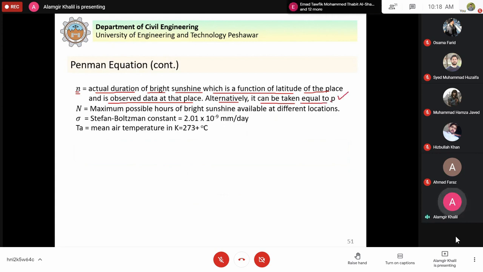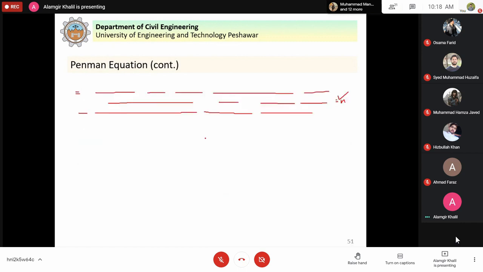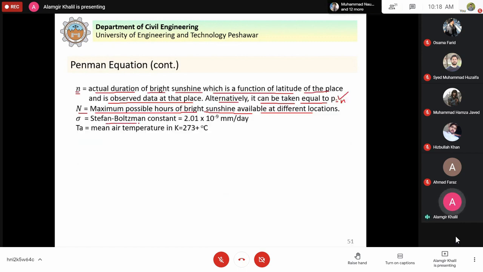Earlier the table was available for p, so we can take this n as equal to p. Capital N is the maximum possible hours of bright sunshine available at different locations. And in this equation we have this sigma, the Stefan Boltzmann constant. Its value is 2.01 into 10 power minus 9 millimeter per day. And TA is the mean air temperature.